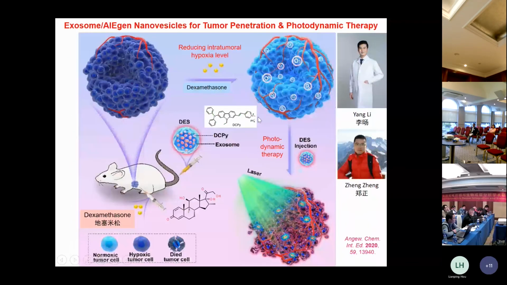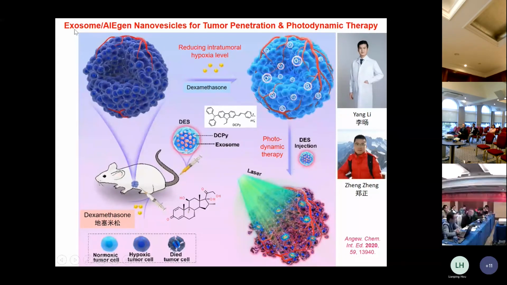So recently, in collaboration with a doctor in Shenzhen Hospital, we tried to utilize exosomes, because currently many people are interested in exosomes. Dr. Li got this exosome from a cancer patient, and so we make this kind of nanoparticle. Inside the nanoparticle is our AIEgen, and the AIEgen is wrapped by the exosome.